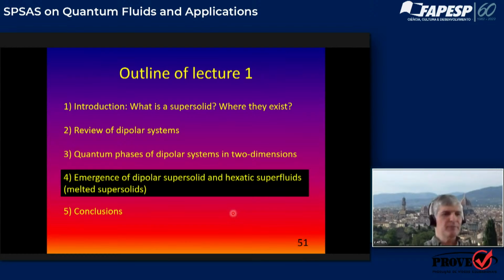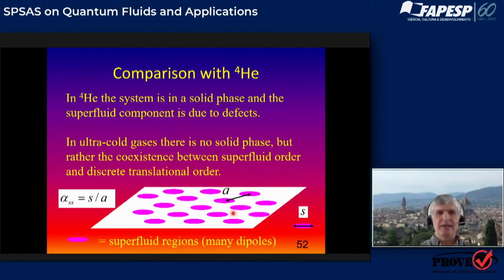So we looked at this problem, and that led to the emergence of dipolar supersolids and hexatic superfluids, or what we call melted supersolids. The idea is that if there's a compromise between the dipolar energy and the kinetic energy in such a way that you form superfluid droplets, they need to be phase coherent in order to be superfluid, so that bosons sitting here can move around from droplet to droplet, right?